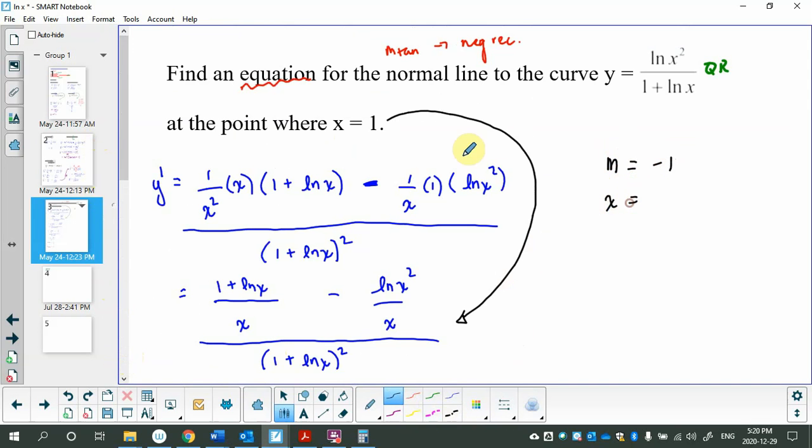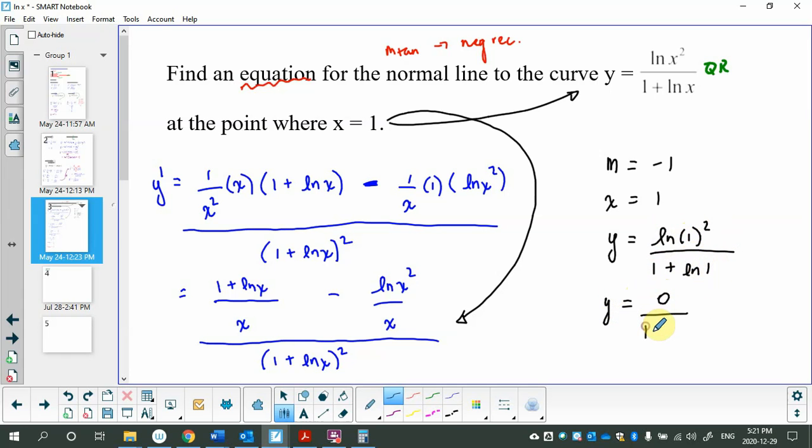The x we're going to use is the one given in the question. And the y we're going to use is not this terrible thing. We're actually going to put 1 in there as well so that we can get a regular looking y. None of this letter stuff. And I'm still excited because that's 0 over 1 plus 0, which is 0.